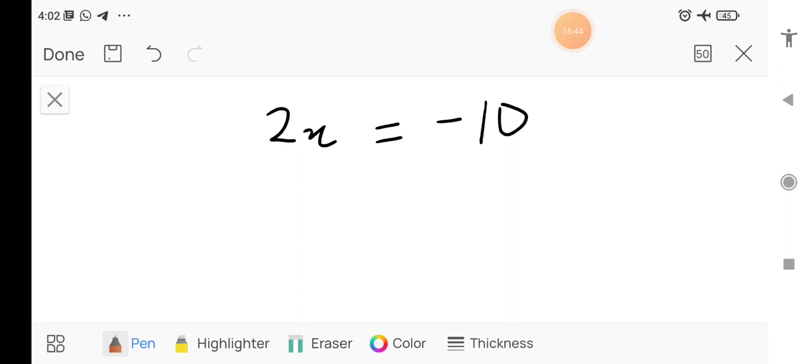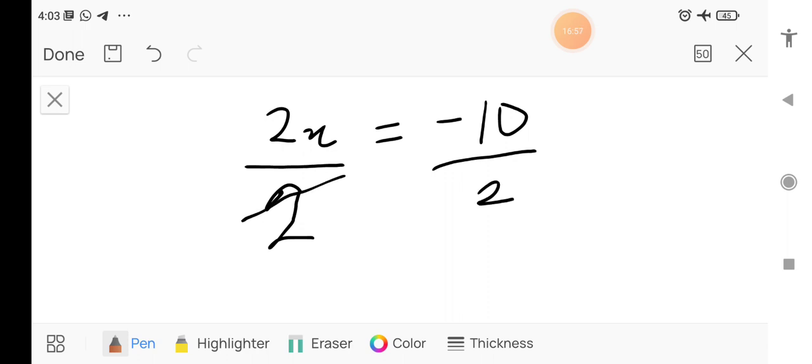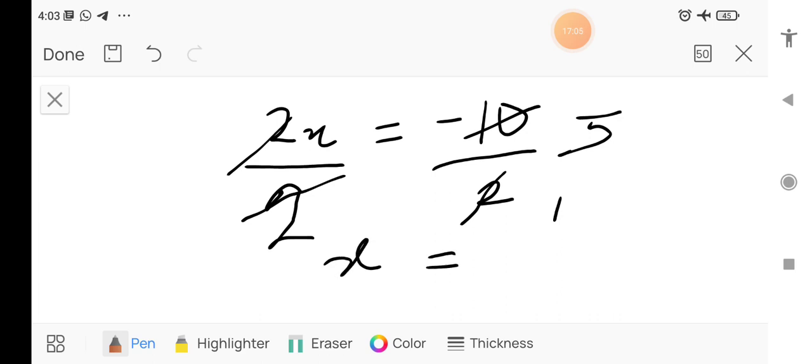Yes, so we divide both sides by 2. So x will be minus 10 divided by 2, which is minus 5. So x equals minus 5. The mathematical sign is very important. You must always put it there.